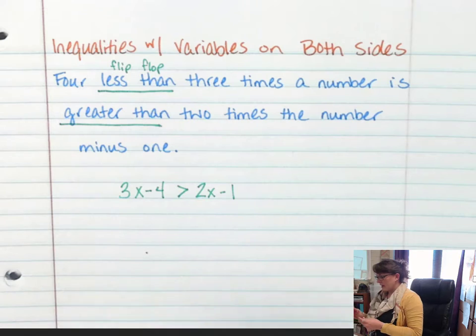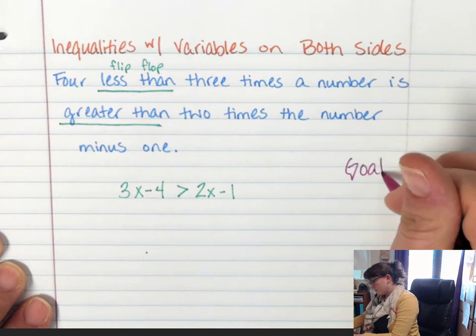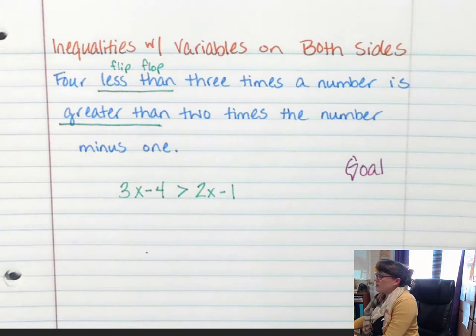First thing you need to do, the only thing really, your goal. We're getting to a point, because you are pre-AP and we've worked a lot with equations and inequalities, you know what to do, and there's no longer a specific order you have to do it.